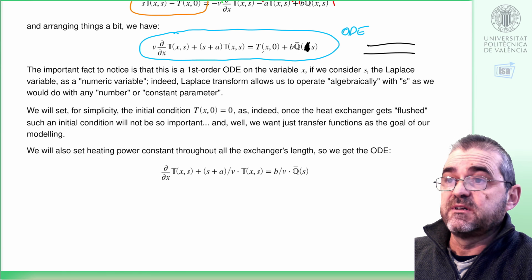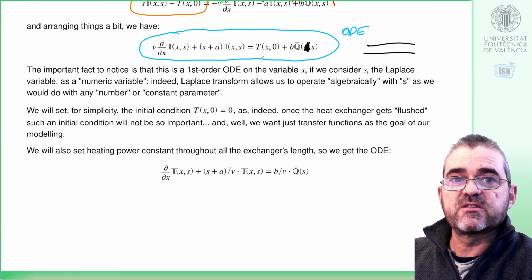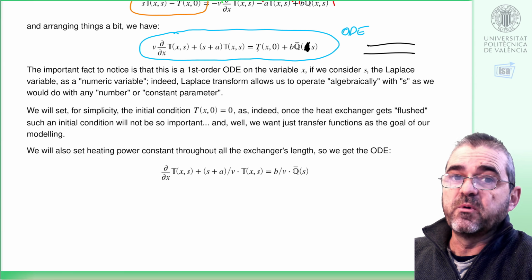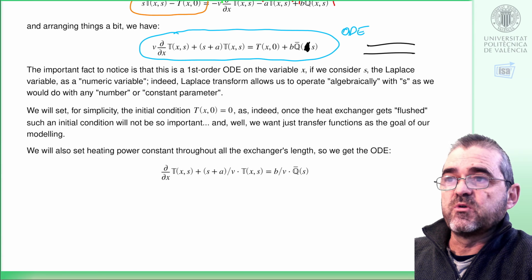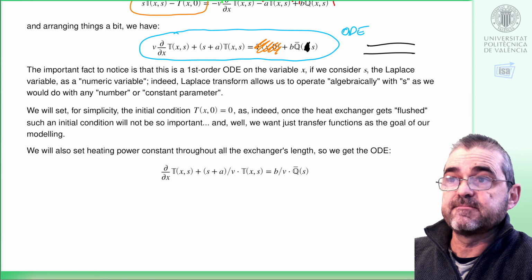As my goal is just obtaining transfer function representations, because that's what we control people are used to, then transfer function representation doesn't need to worry about initial conditions. So I'll set this to 0, again for simplicity.